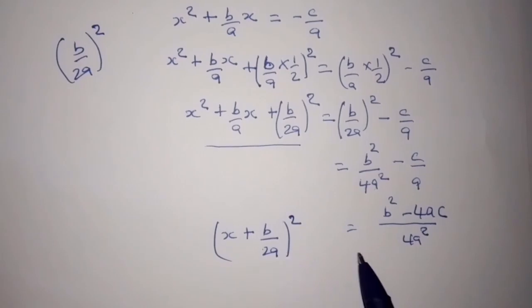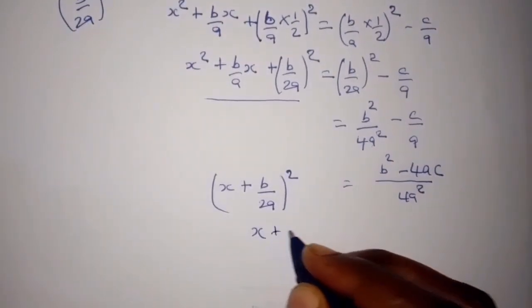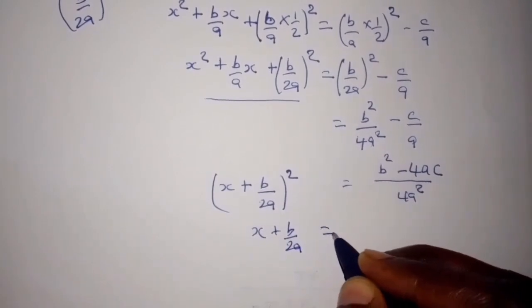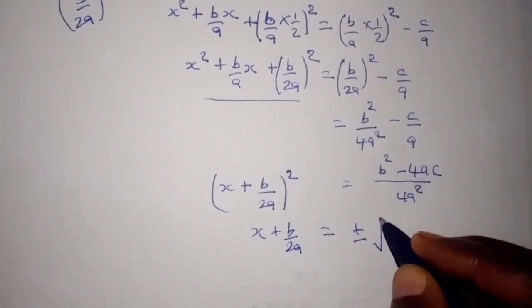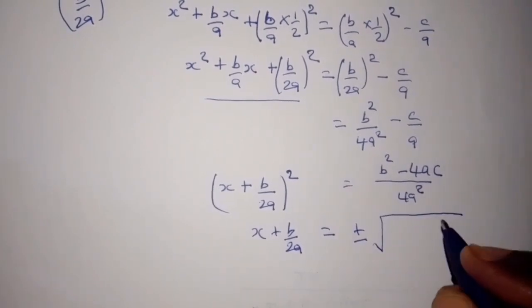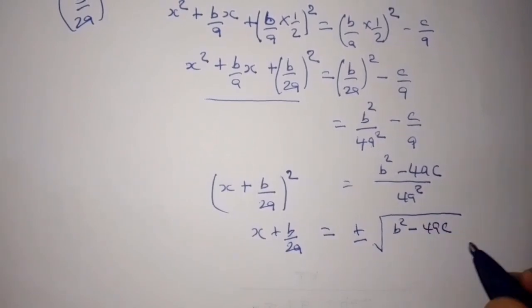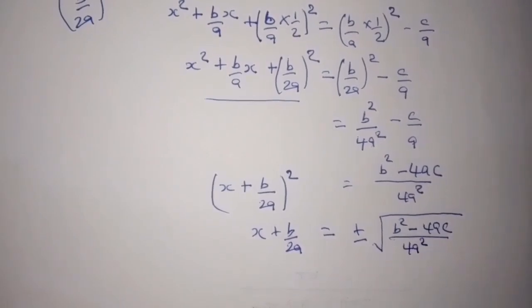Then now we are going to take the square roots of both sides. So we are going to say that x plus b over 2a is equal to plus or minus square root of b squared minus 4ac over 4a squared.